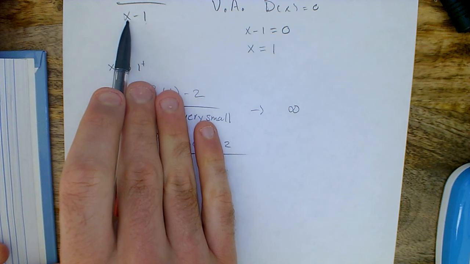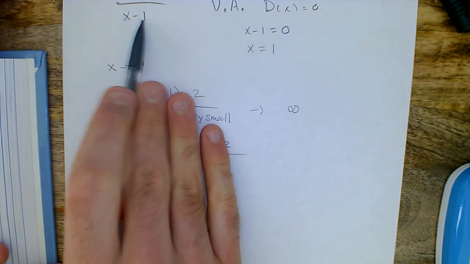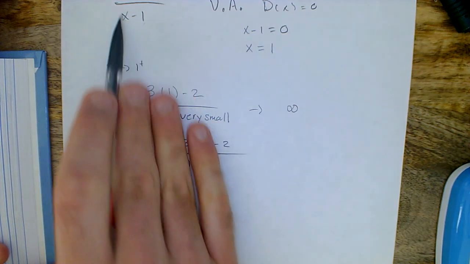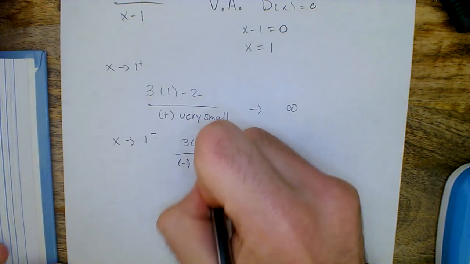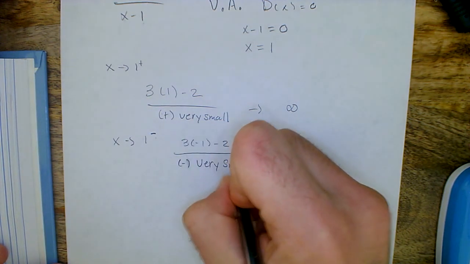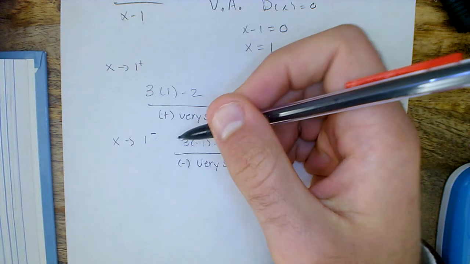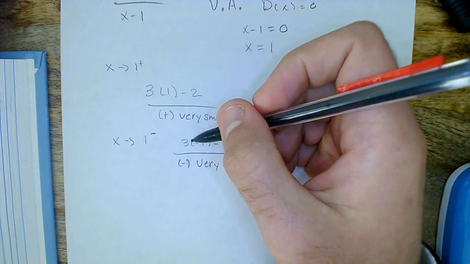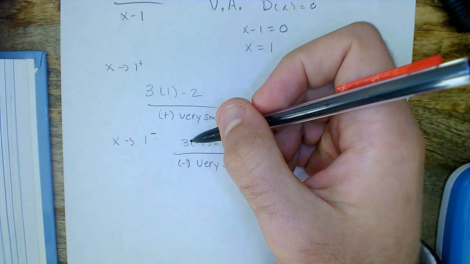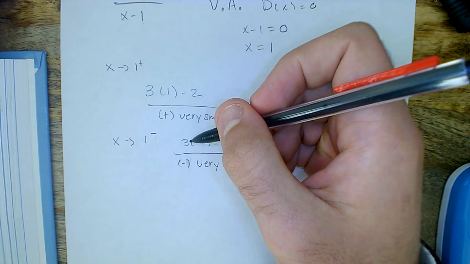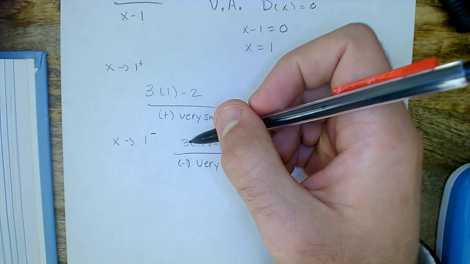Either way, this number x minus 1 on the left of 1 is going to be negative, but very close to 0. So it's going to be negative, very small. This one, 3 times 1 minus 2, is going to be positive.